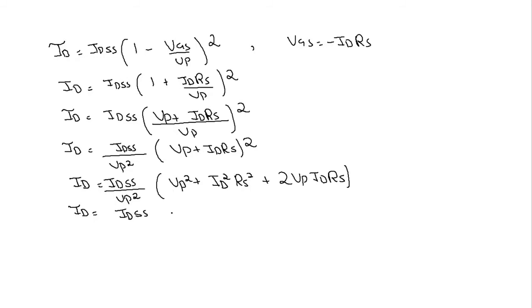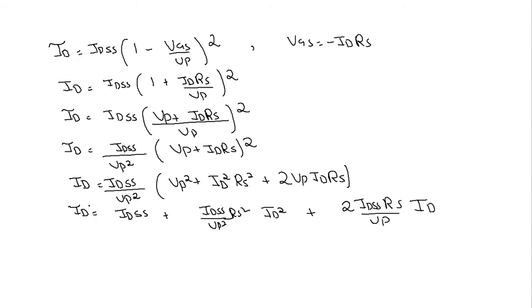So we have IDSS plus, and then we have IDSS divided by VP whole square RS whole square into ID square. And again for the third part, one VP is going to get cancelled out with this square, so we are going to have 2 IDSS RS divided by VP into ID.